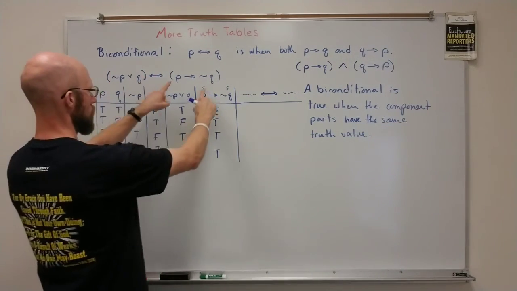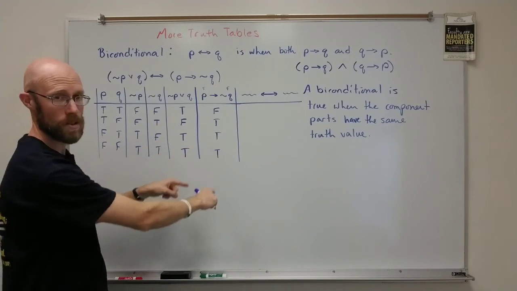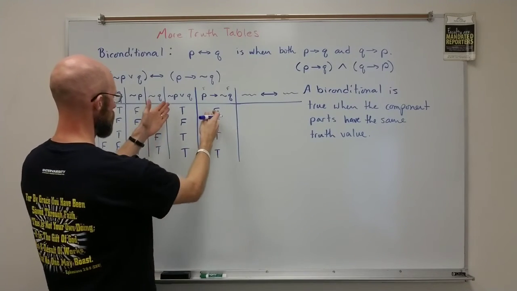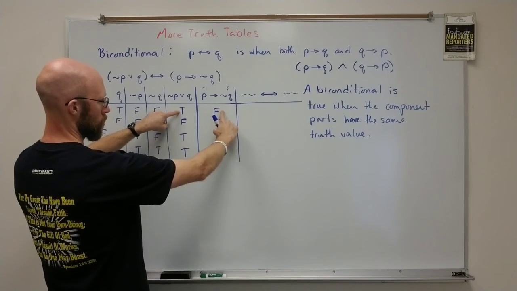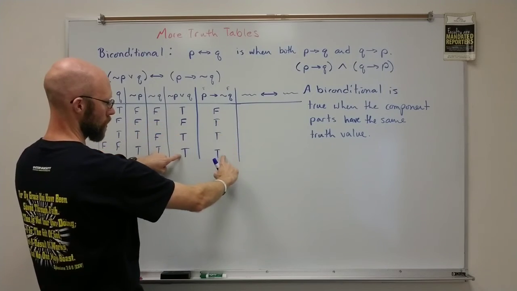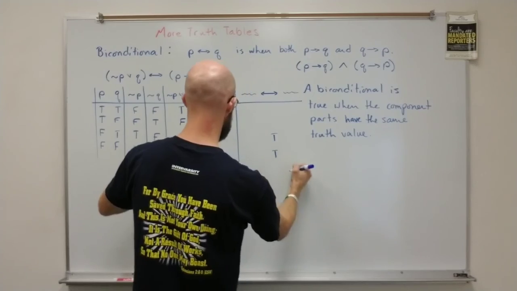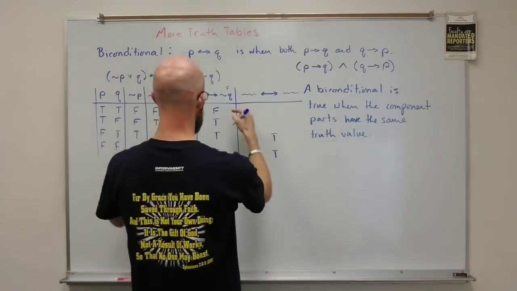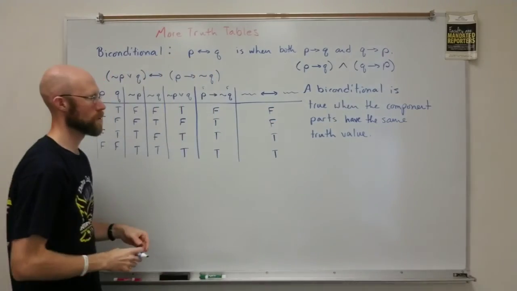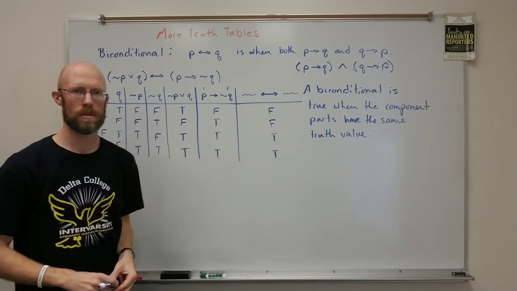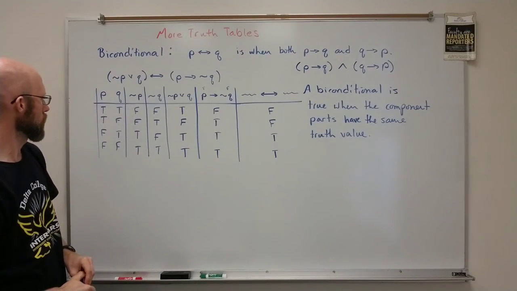So when I come down these two columns, I need both true or both false. Here I've got one of each, here I've got one of each, here I've got both true, here I've got both true. So at the both trues we're going to have true, and otherwise we're going to have falses. So it's false, false, true, true. So that should help us out.